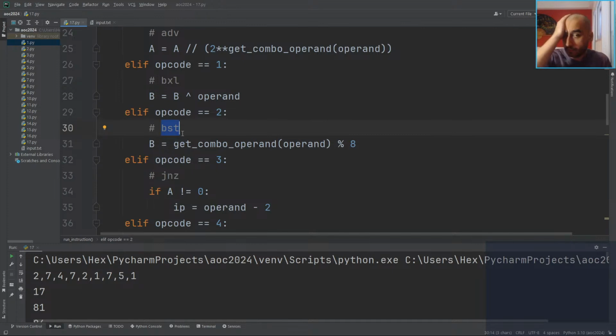B equals get combo operand of operand percent 8.